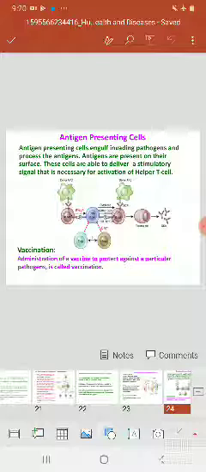The vaccination. The meaning of vaccination is the administration of a vaccine to protect against a particular pathogen. The body's immune system helps to protect against the pathogens that cause infection.